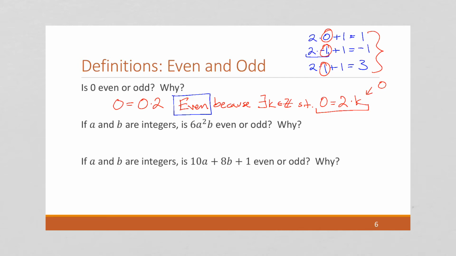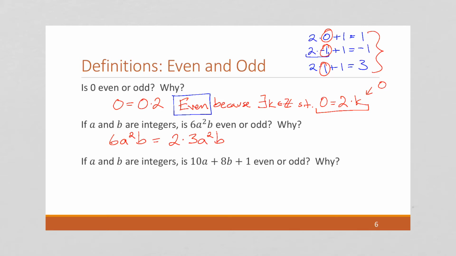Let's try another one. If a and b are integers, is 6a squared b even or odd? Well, let's think about this. I can say 6a squared b. Can I pull a 2 out? Yes, I can. This is 2 times 3a squared b.